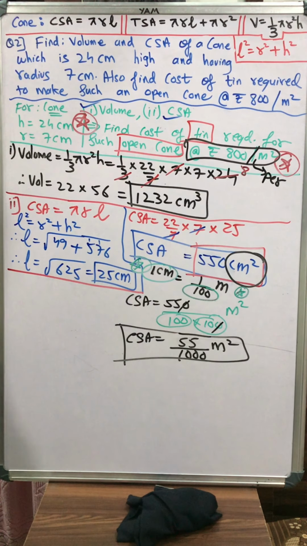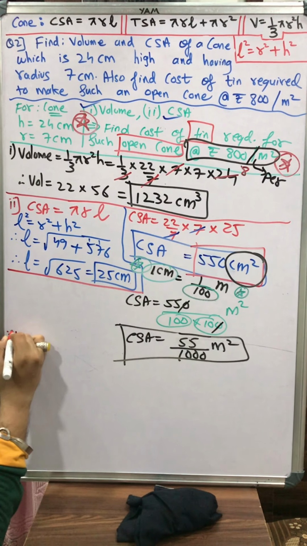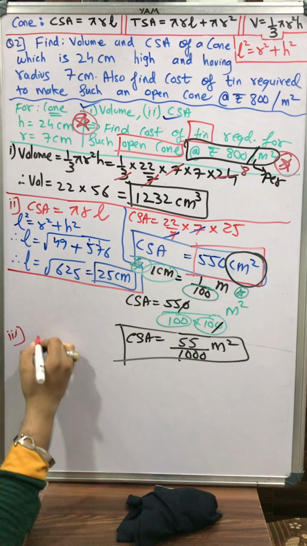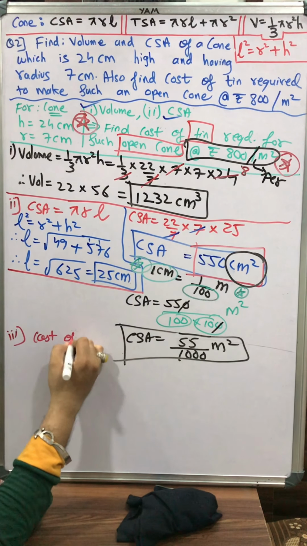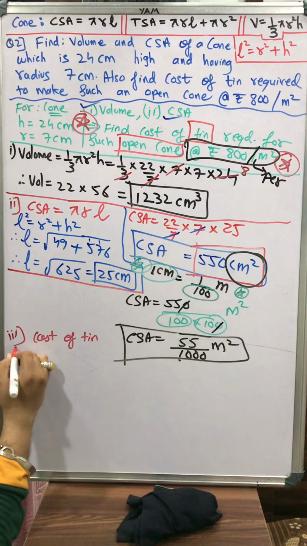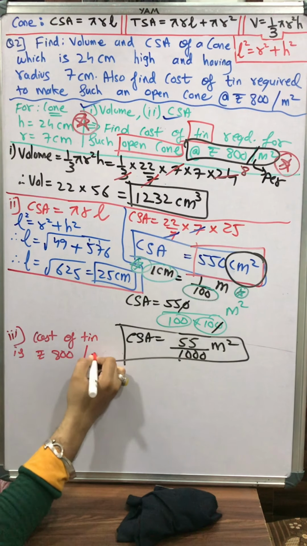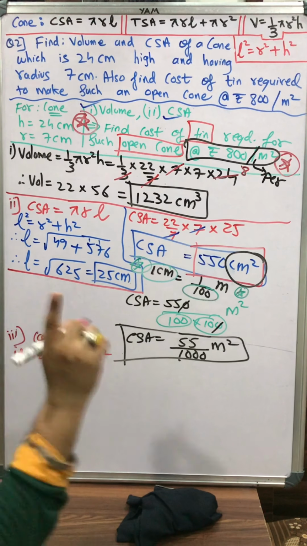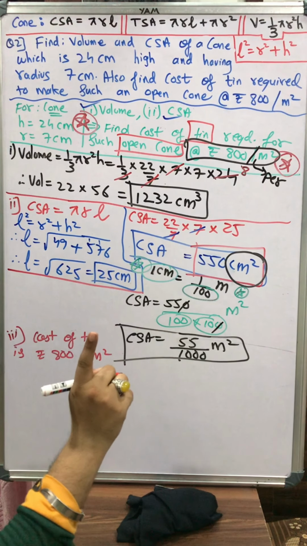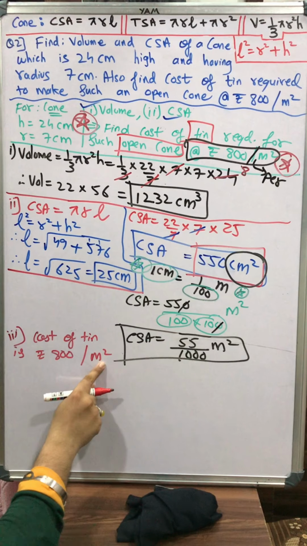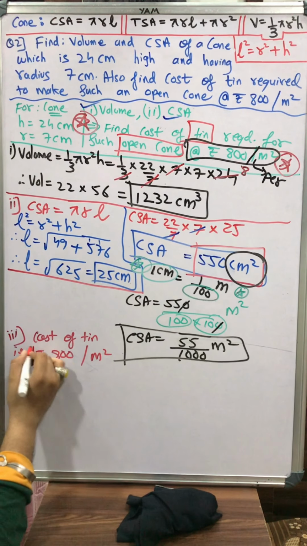Okay, now let's see the rate. I'll write the rate over here. The rate given to us is cost of tin is rupees 800 per meter square. Per means if 1 meter square of tin is required, the rate is rupees 800.